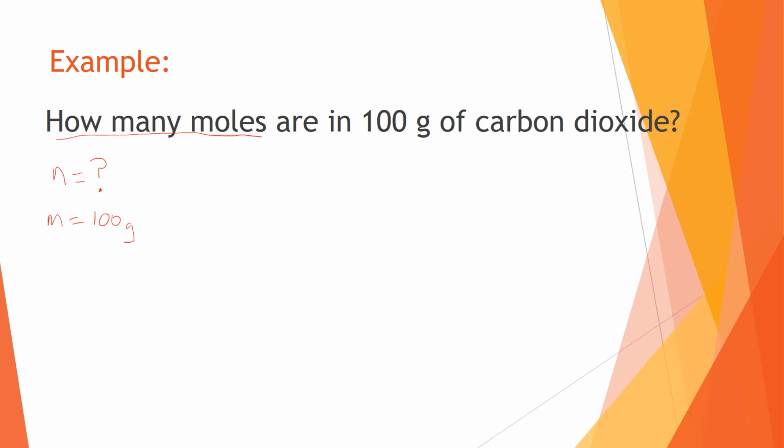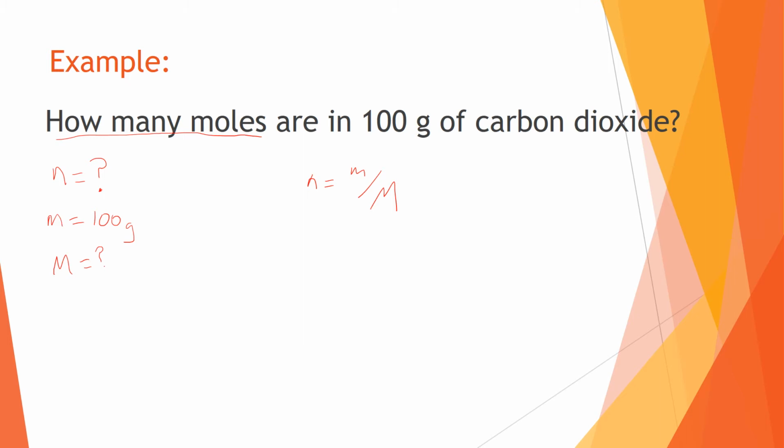Now we know that the formula is n equals m divided by big M, right? So to find the number of moles, we need mass and we need the molar mass. So we're missing something here as well. We're missing the molar mass. Now, generally in a question, you can't answer it if you have multiple unknowns.